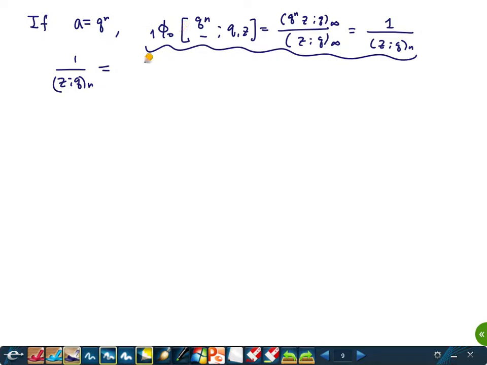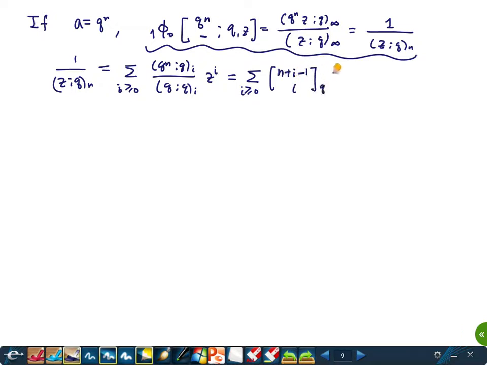This thing is equal to the summation, let's use i, from 0 of (q^n; q)_i over (q; q)_i, z raised to i. Just this thing. And what is this? You can see this is just the q binomial coefficient n plus i minus 1 choose i.